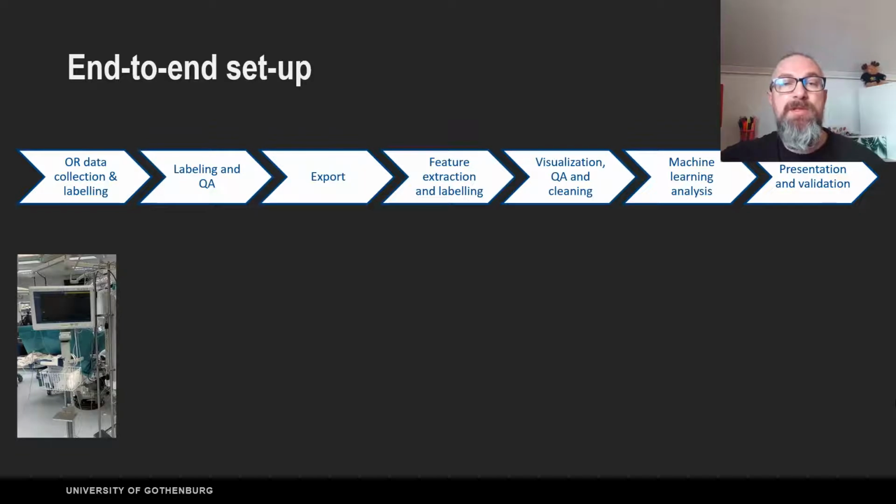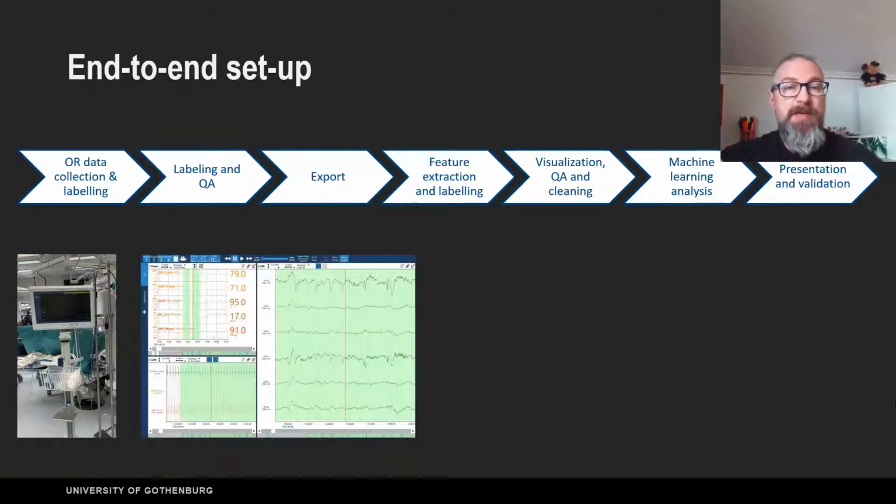Then we used the export of data to a specific program, and the manual labeling of the data by the physicians who were part of this particular operation and procedure, to identify those green periods that you can see in the figure, that are essentially data that is clean of noise and that can be used for our analysis later on.